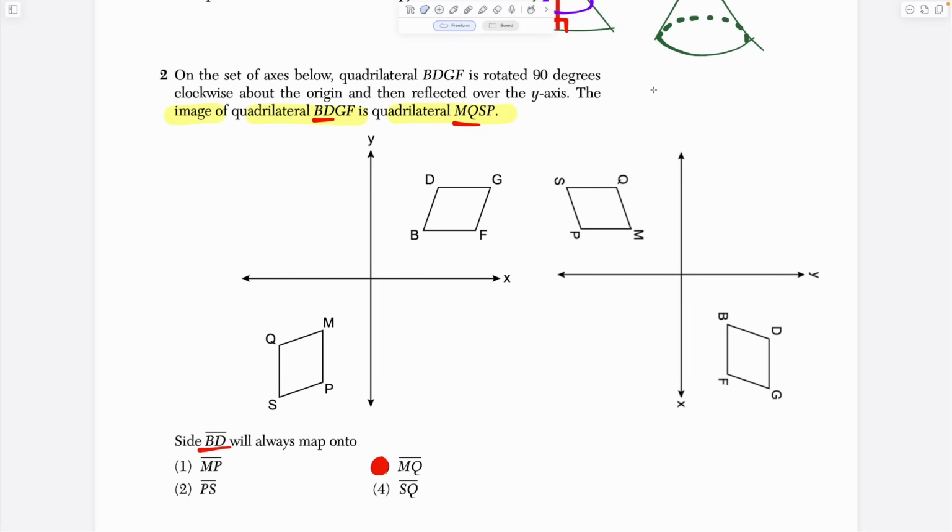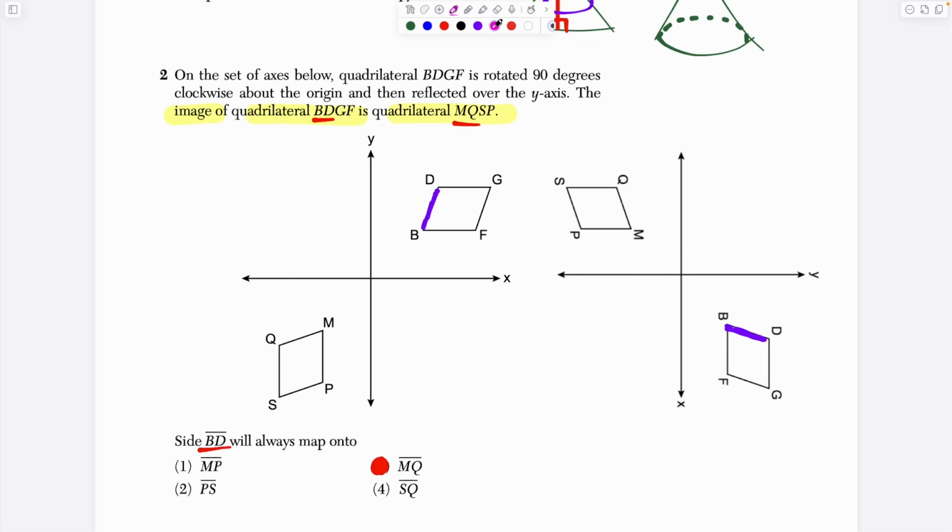If we pay attention to side BD, it was over here, but if I rotate this shape 90 degrees clockwise about the origin, that would put BD over here in this location. Segment BD was in quadrant 1, and now it's going to be in quadrant 4.